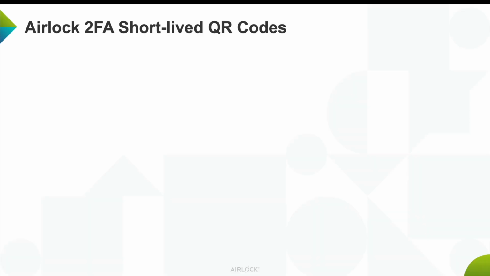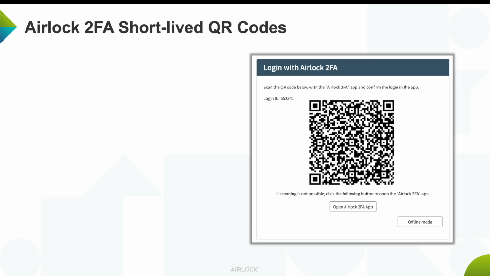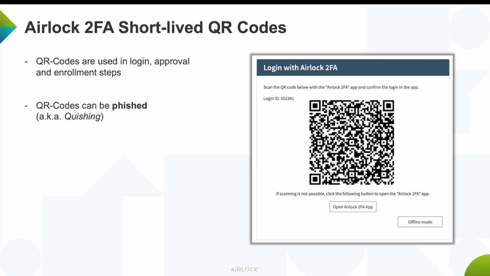In this section of the video, I am going to present several new features related to end-user authentication. Short-lived QR codes are a new Airlock 2FA feature. QR codes can be used for login, in approval steps, and for the enrollment of Airlock 2FA devices. However, QR codes can also be targeted by phishing attacks.